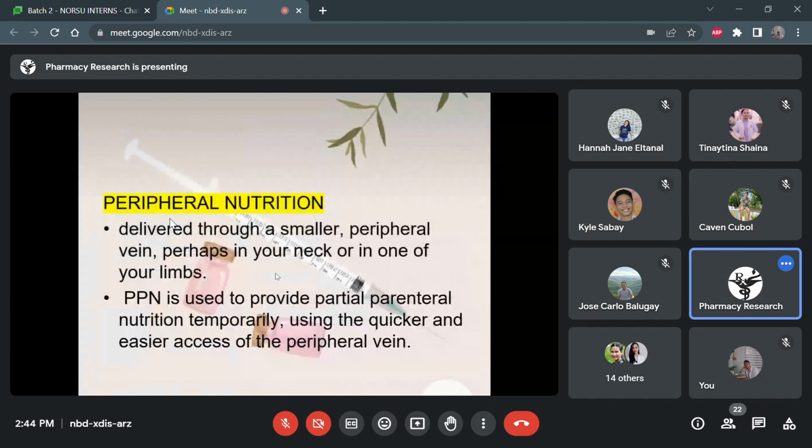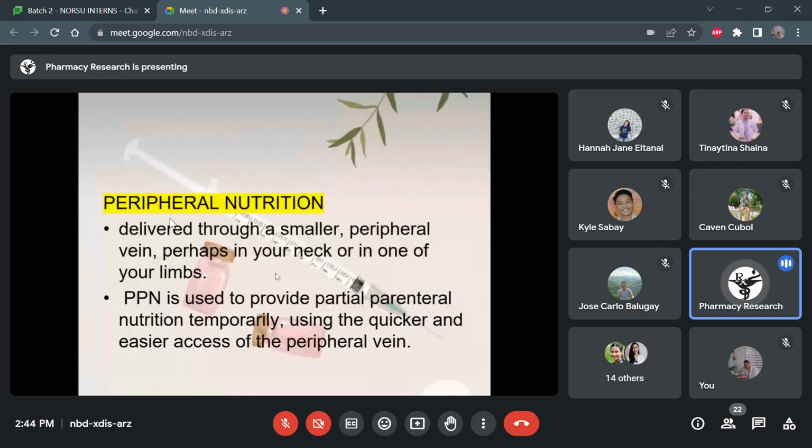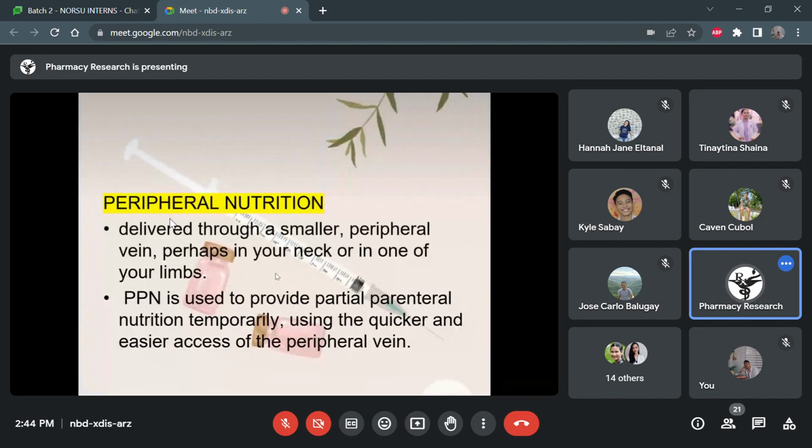Take note, guys, peripheral nutrition is delivered through a smaller peripheral vein, perhaps in your neck or in one of your limbs. From the word peripheral, it is in your periphery.